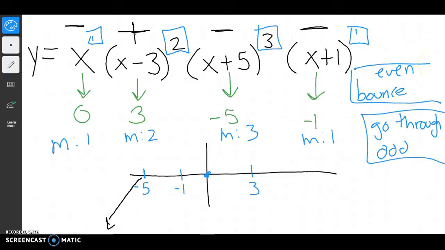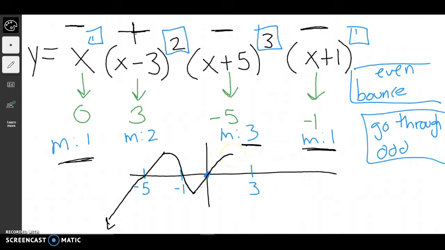So when we look at our -5, it has an odd multiplicity, so this is going to go through. If you look at -1, which was this one, it's also going to go through. If you look at 0, since it was 1, it's going to go through.